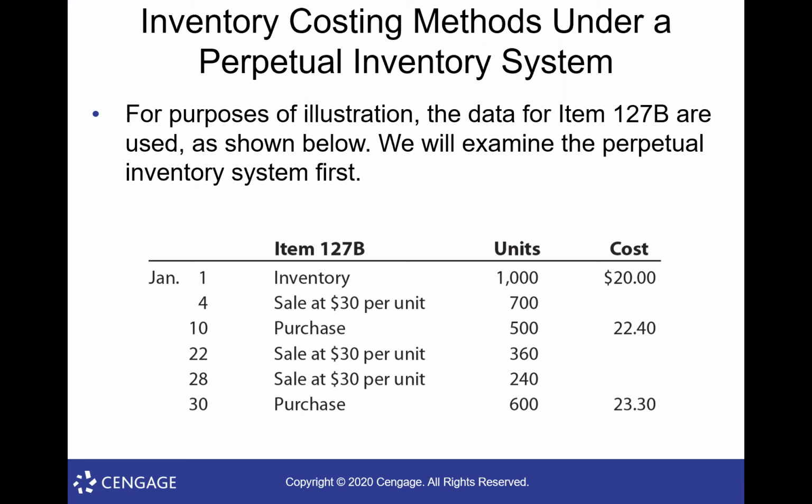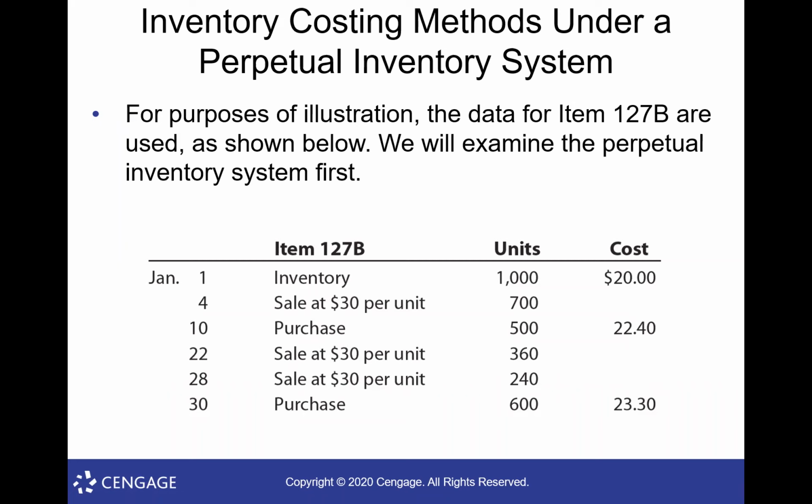So here's our example. They call this item 127B. I don't know what it is. You can imagine whatever you want it to be. It costs $20. So we can see on January 1st, they had a beginning inventory.